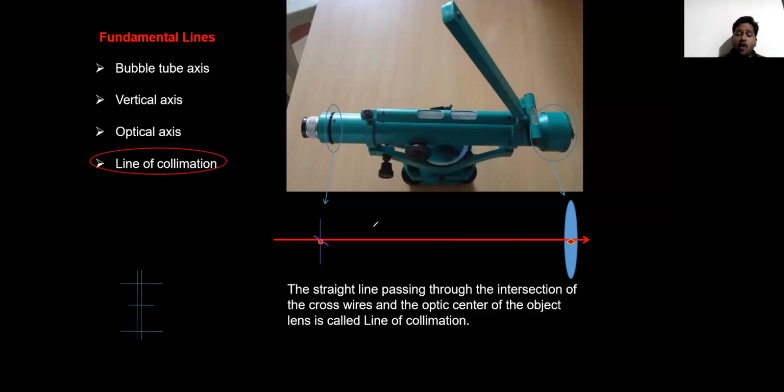See, this is my eyepiece and this is the object lens. The line passing through the center of the eyepiece to the center of the object lens, that is called line of collimation.